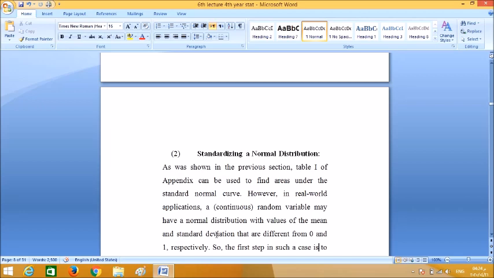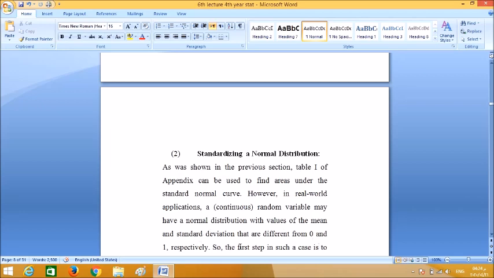Okay, so how can you change or transfer the normal distribution to be a standard normal distribution? Standard normal distribution with mean equals 0 and standard deviation equals 1.